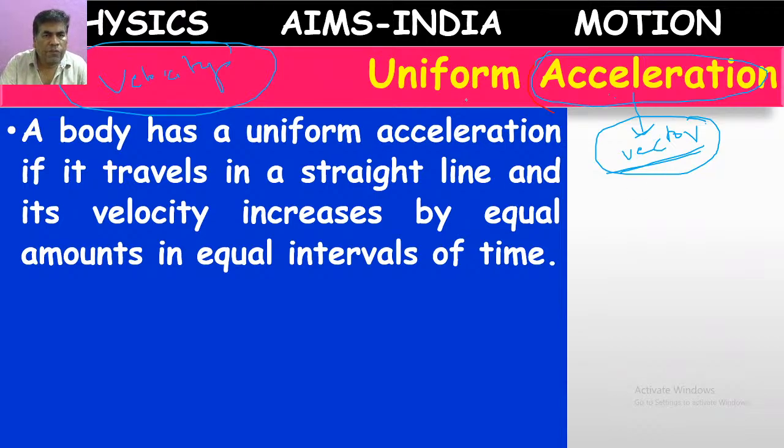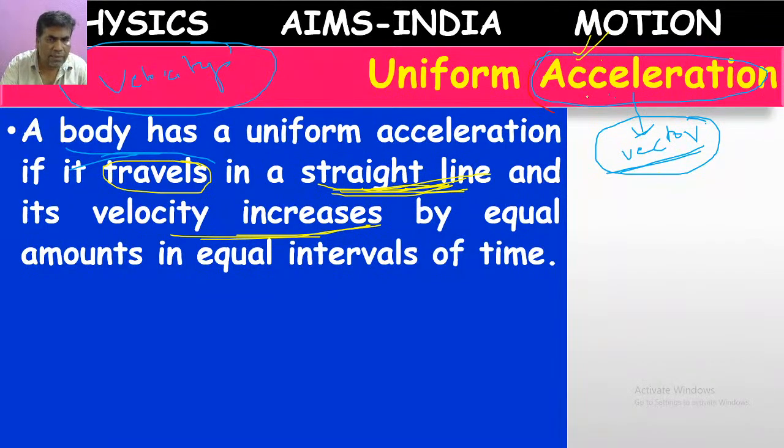So what is uniform acceleration here? If a body travels in a straight line and its velocity increases, because acceleration means velocity should change, but how? In equal amounts in equal intervals of time.